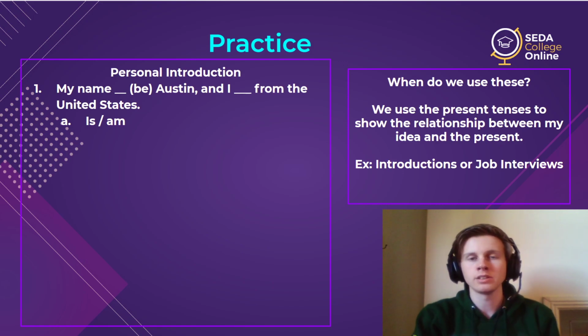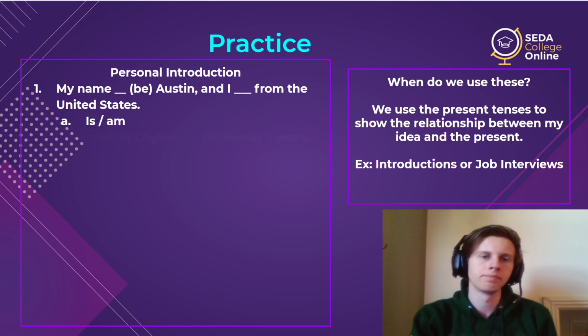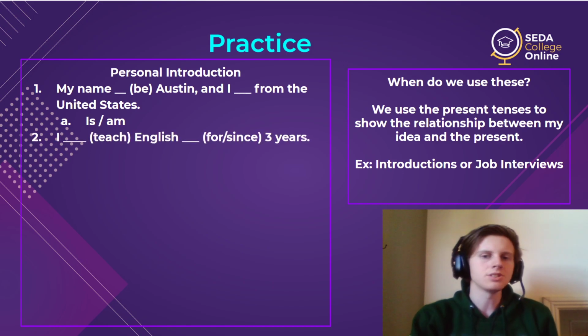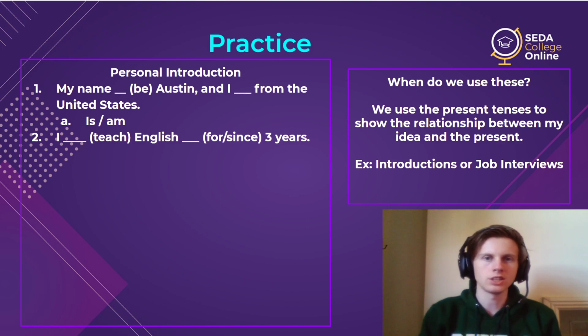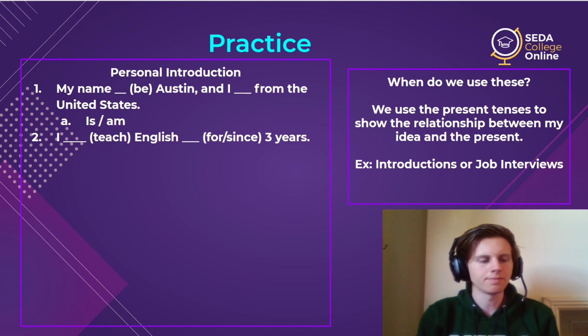And so this is how you might begin your personal introduction. But what if I want to continue? Now I want to talk about my profession. So, I English, 3 years. How would I complete this one? What verb tense would I use now? Choose for or since.